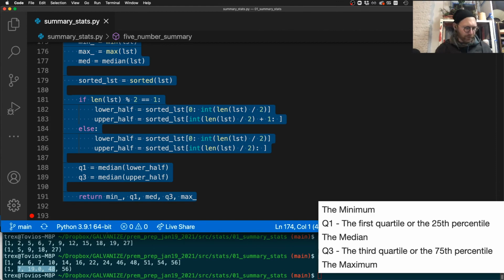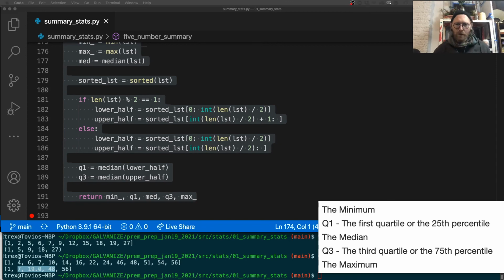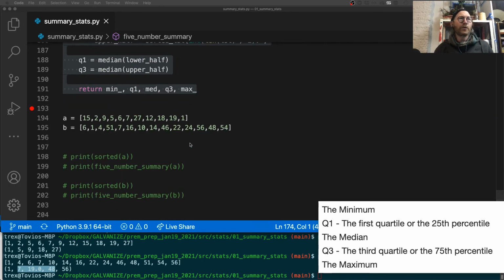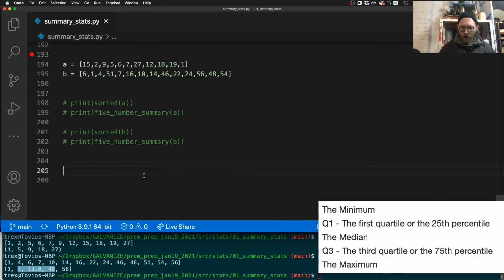I'll put a little bit of starter code in this document. So I just put the 5-number summary function in the Slack because you're going to use it in your IQR function. So here's the header, IQR, and you're going to pass in a list.